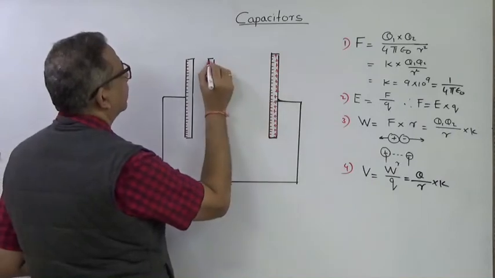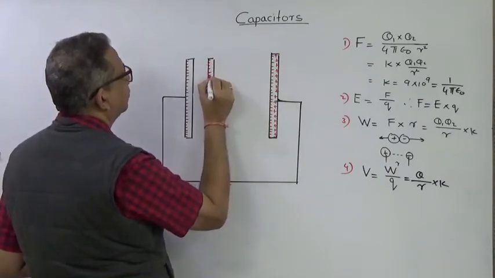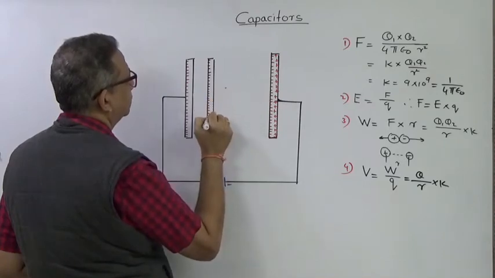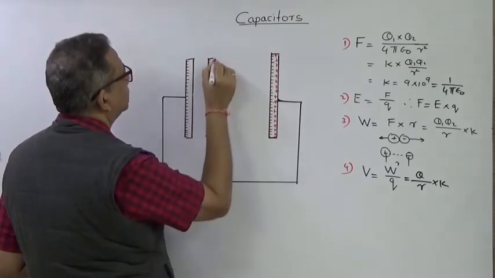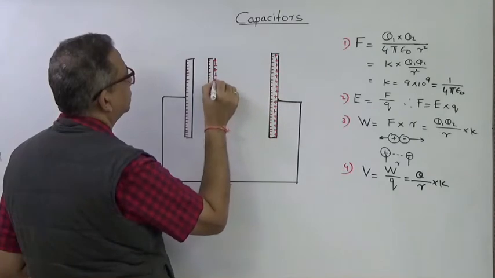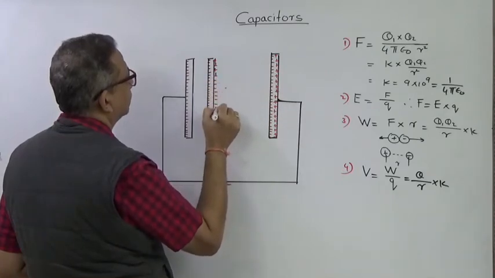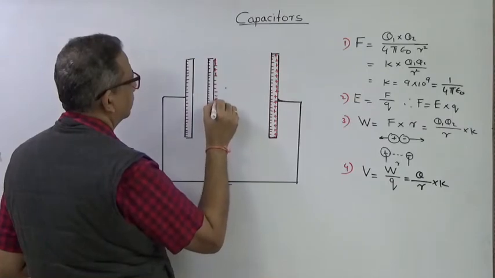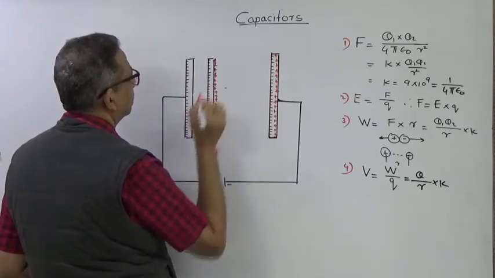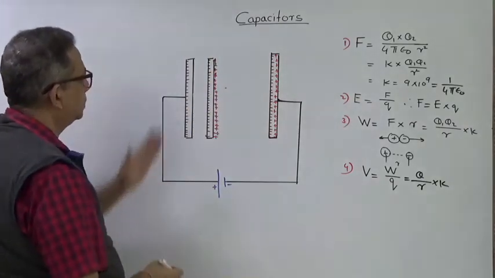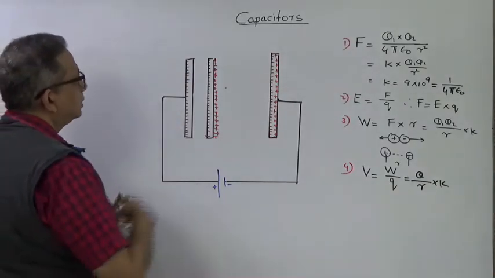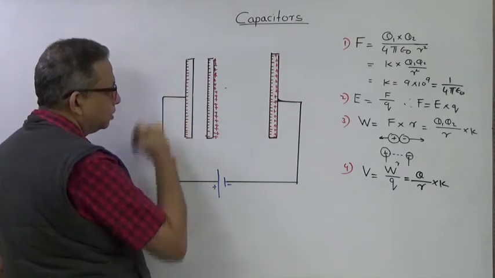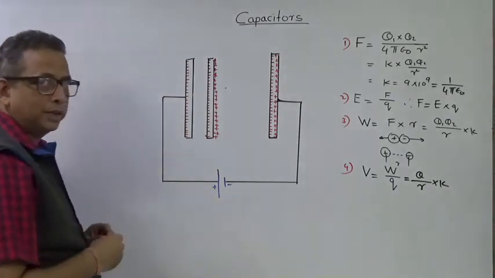This part is the negative surface of this plate, and this is the positive charge on this particular plate. This is the positive charge, this is the negative charge. So this negative charge is going to push, and this positive charge is going to pull it towards itself.